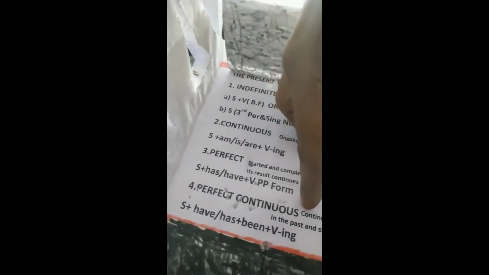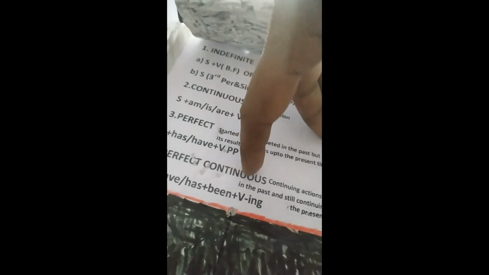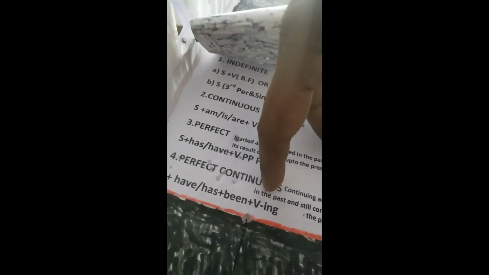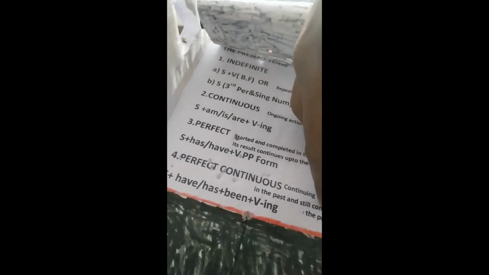The next part of the present tense is the perfect continuous tense. See the perfect continuous tense. It indicates a continuing action begun in the past and still continuing up to the present time. In this particular tense, the action always indicates a past action because the action started in the past, but it is still continuing in the present.